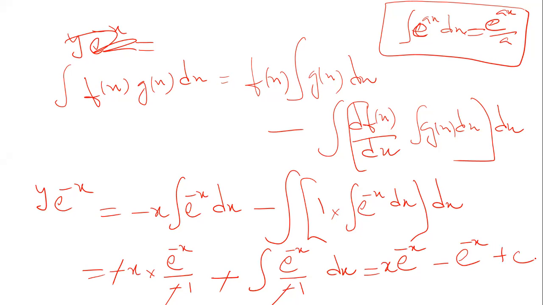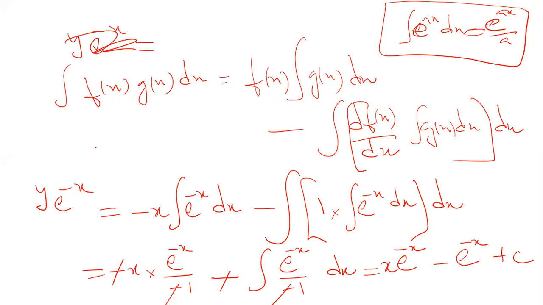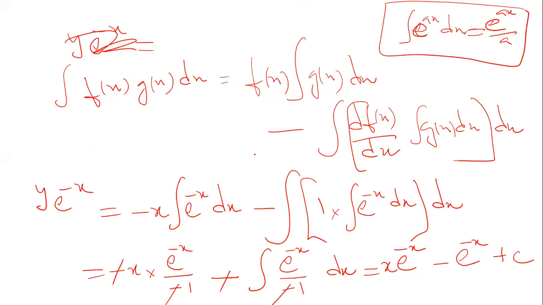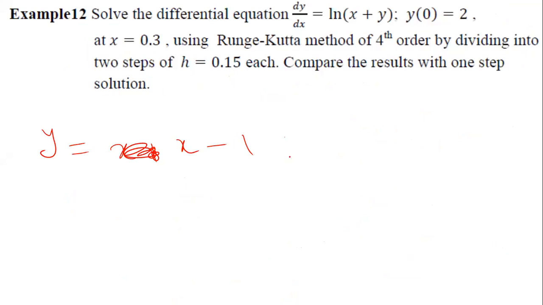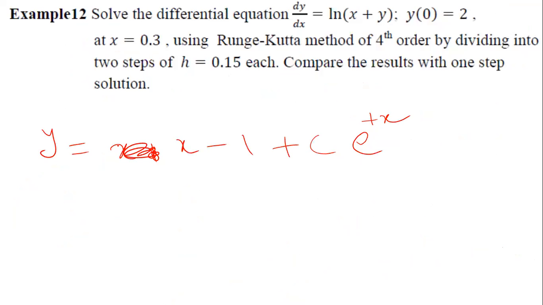Okay, so here your y will be equal to x minus 1 plus c into e to the power plus x. On the left hand side you have e to the power minus x, so if you transfer it to the right hand side, this is what you're going to get.